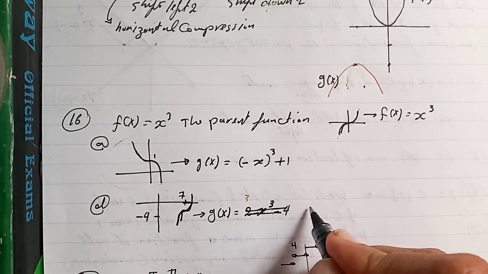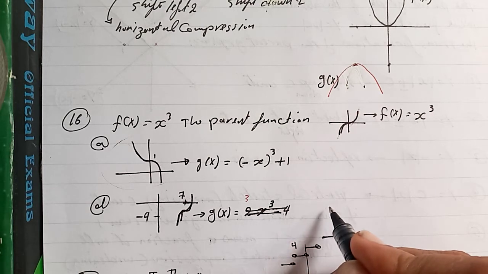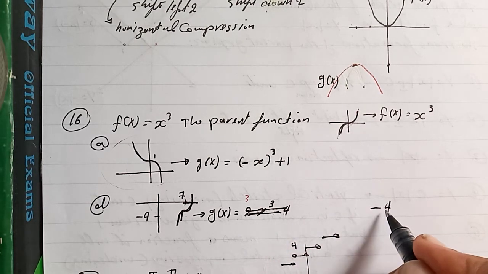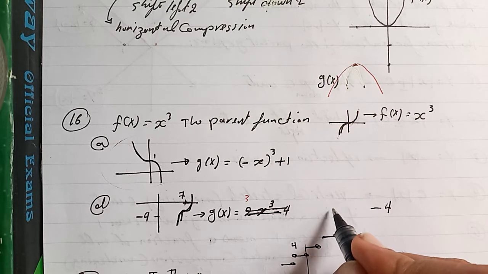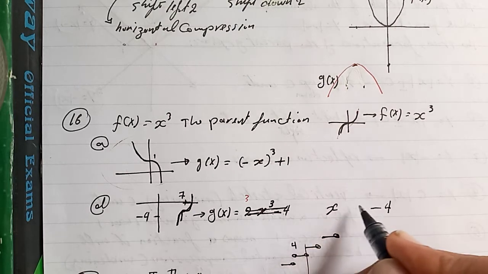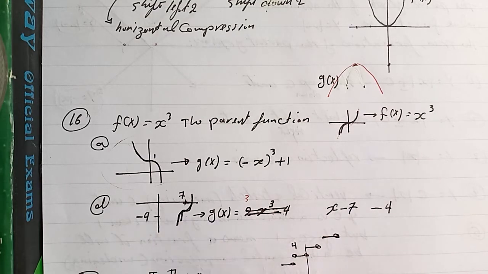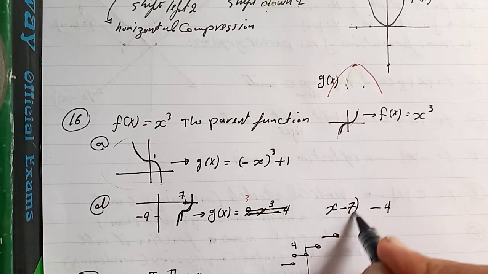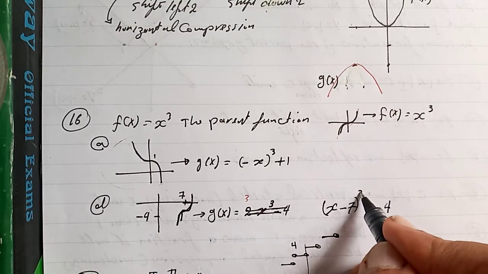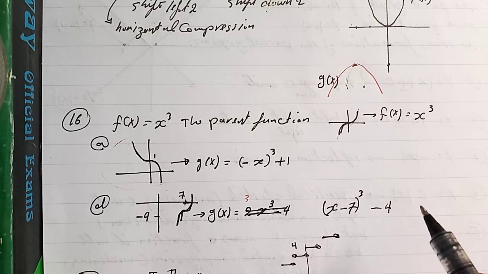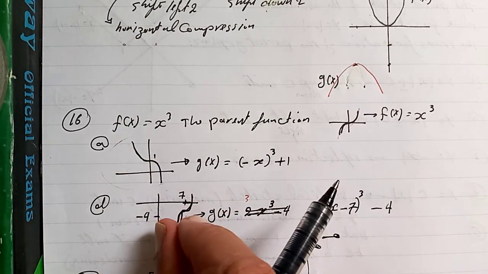I can say it is minus 4 here, and shifted to the right will be x minus 7, because it is shifted to the right, cubed, and it is shrunk.